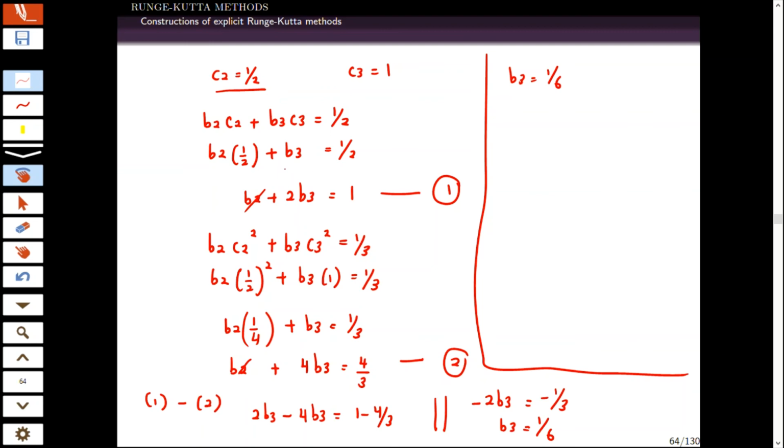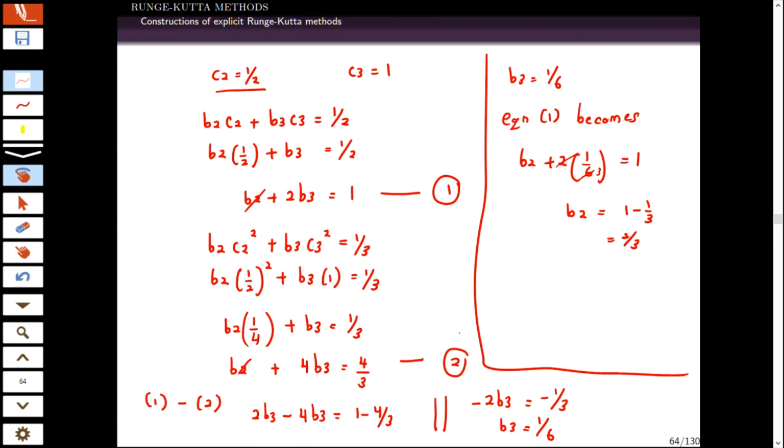Maybe this one. Equation 1 becomes, if B3 is 1/6, B2 plus 2 times 1/6 equals 1. So B2 equals 1 minus 1/3, so we have 2/3.